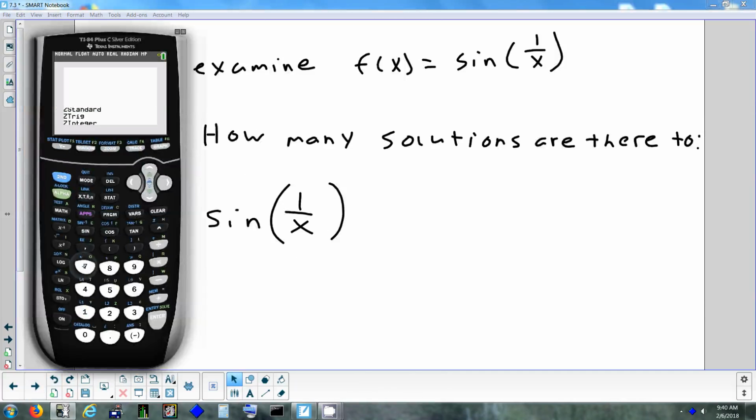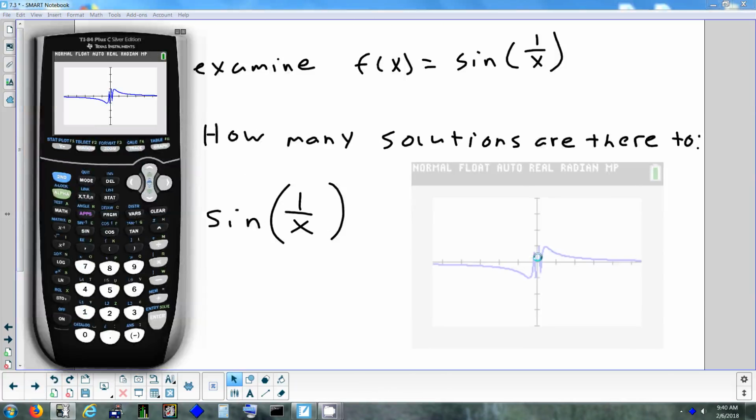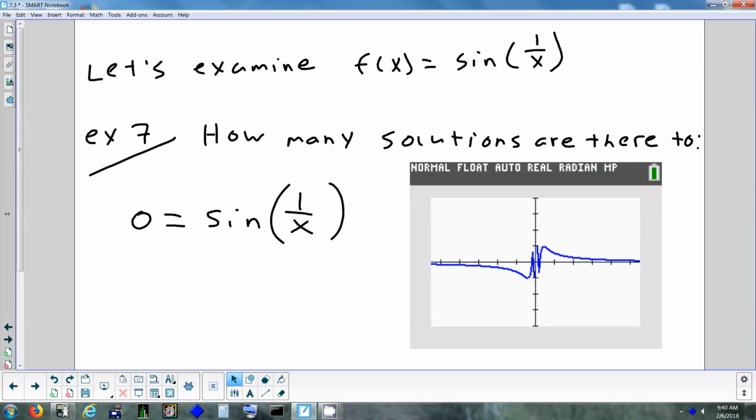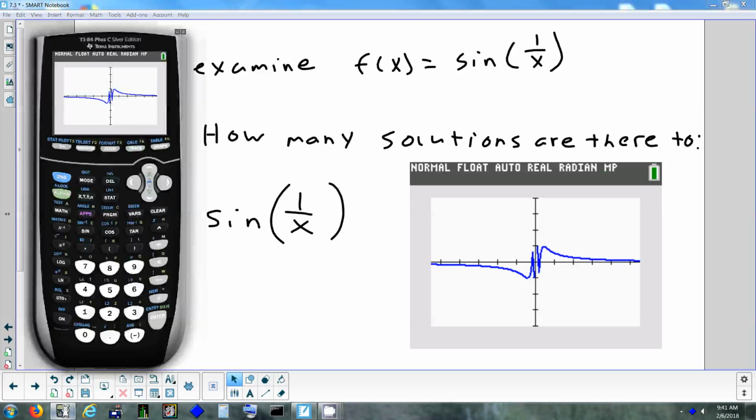Let's start with zoom 7. Okay, how many times does it look like it crosses the x-axis? Any guess, Megan? About 4 times? Okay, I think if we zoom in a little bit, maybe that could help.